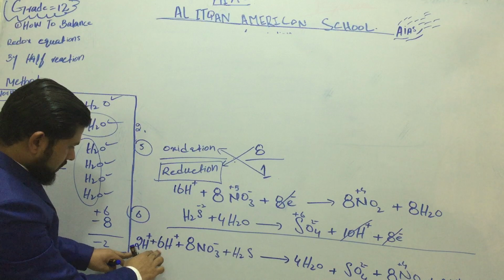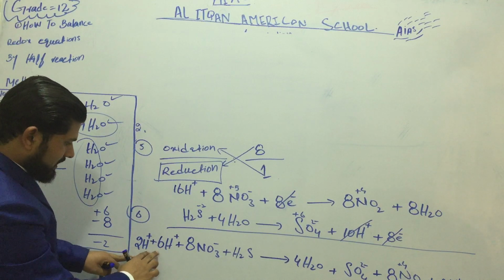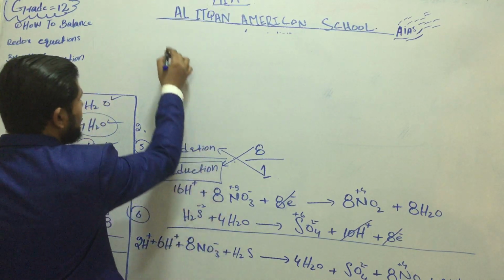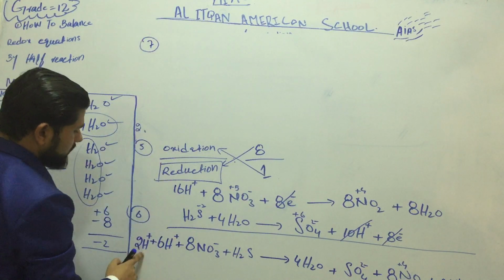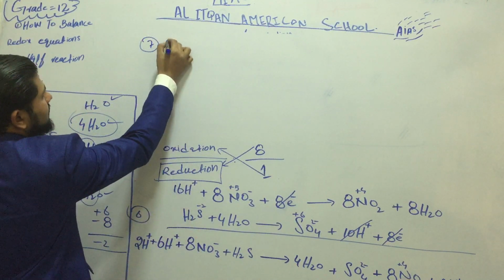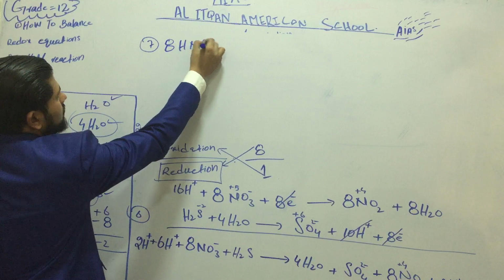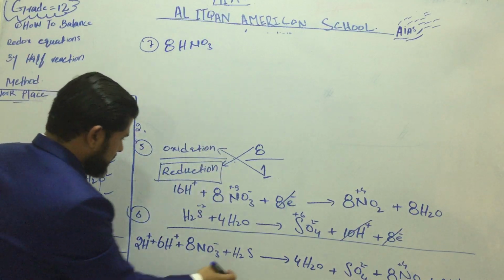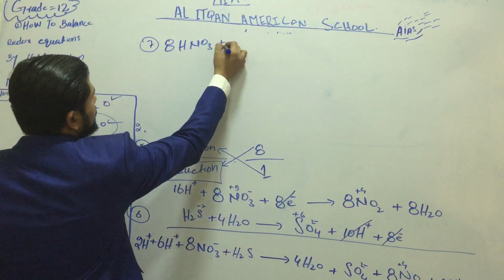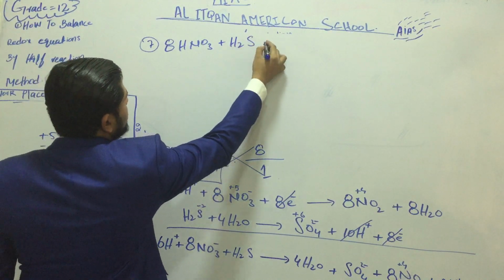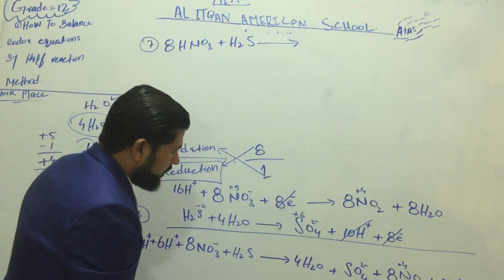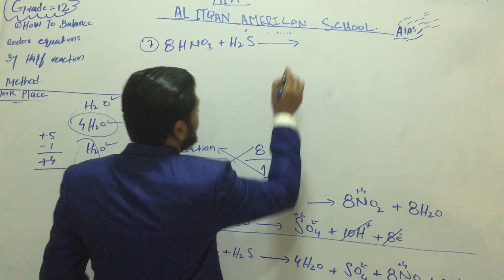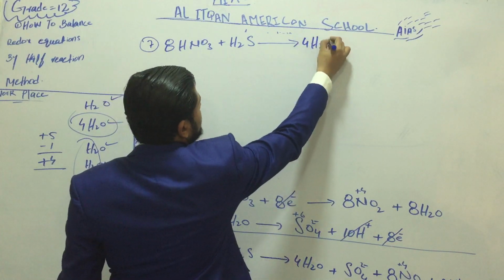So these two will be 8 hydrogen that will be combined with NO3, and this is your 7th step. 2 and 6, 8. That means you will get 8 HNO3. Alright, and H2S is only once, so you will write once here, 1 mole. Alright, and over there 4 moles of water, you can write 4 moles of water.